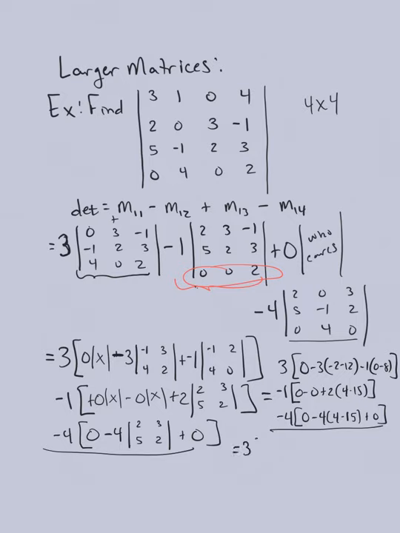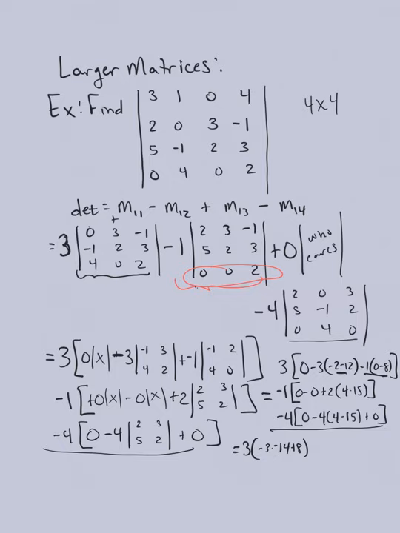And so we have 3 times, this is negative 14 times negative 3. I got to think about that. Negative 52 or positive 52, right? And then here I have minus 8, and so that's going to be a plus 8.